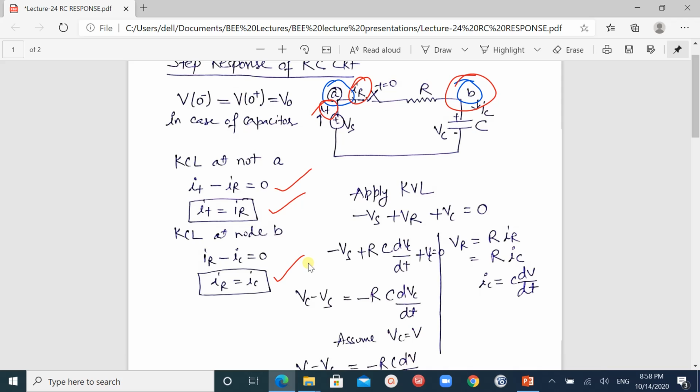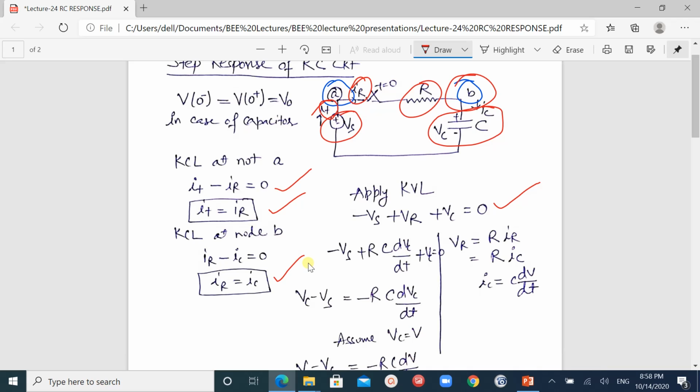When we apply the KVL, the equation will become minus Vs, the voltage source, plus the voltage drop across the resistance VR, plus the voltage drop across the capacitor Vc is equals to 0. So this is the equation for the KVL.